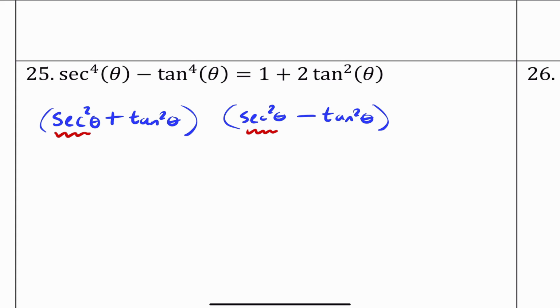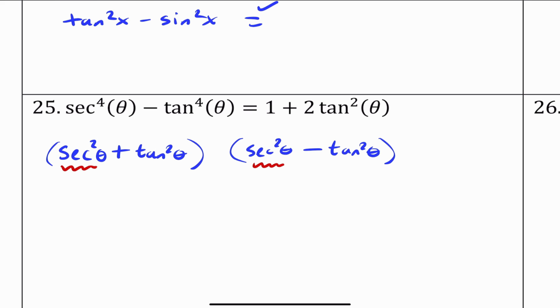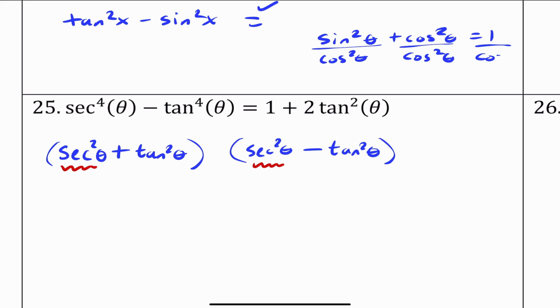Well, if we recall, here's my Pythagorean identity. If I were to divide everything by cosine squared of theta, I get tangent squared of theta plus 1 equals 1 over cosine squared of theta, which is secant squared of theta.